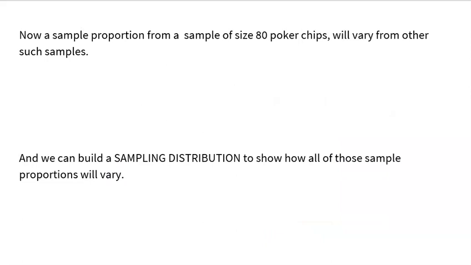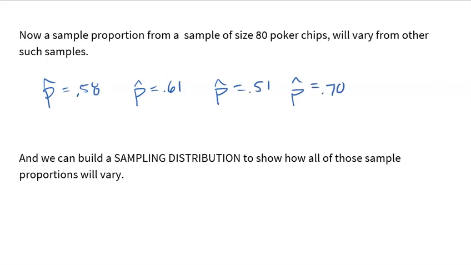But when we start looking at samples, let's just say we take a sample of 80 poker chips, that number could vary. So if we were to take a sample, maybe we get 58% that are blue. Maybe we get 61% that are blue. Maybe we get 51% are blue. Maybe we get 70% are blue. Okay, sample proportions, yes, they are going to vary.